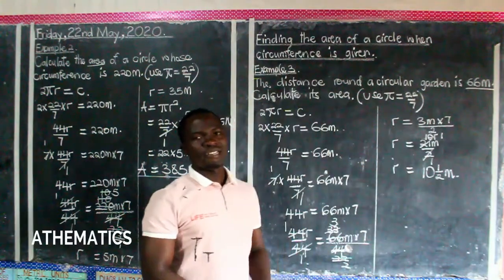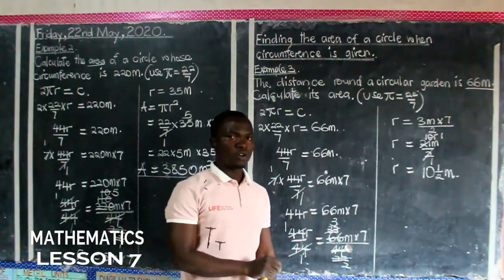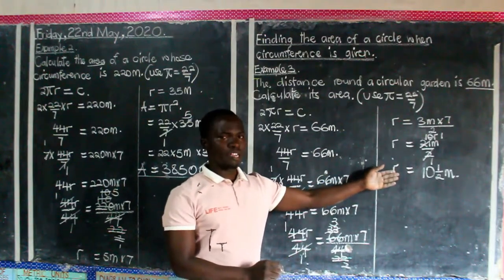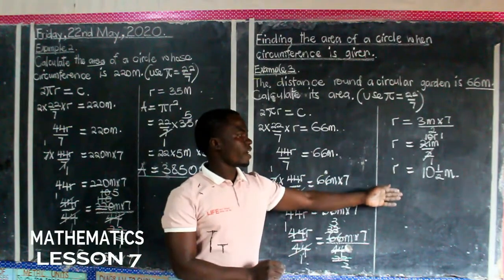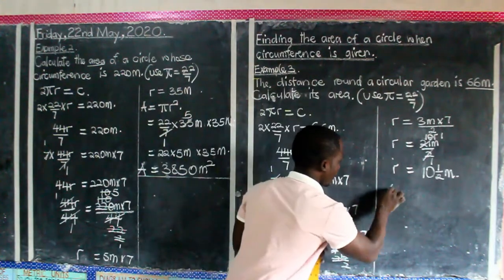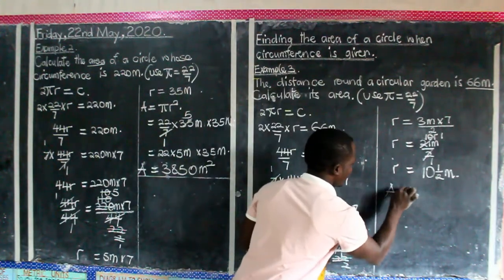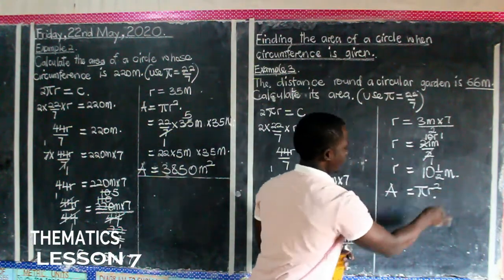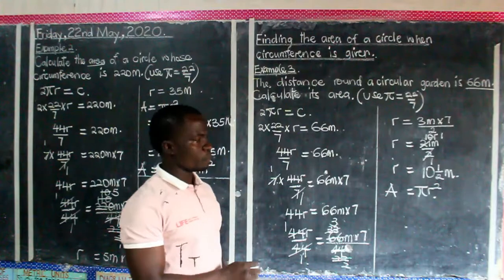But the question is asking for the area of the circular garden. Now, since we have got the radius, we can find the area of this garden. So area of this circular garden equals pi r squared. Neatness of work is very, very important.